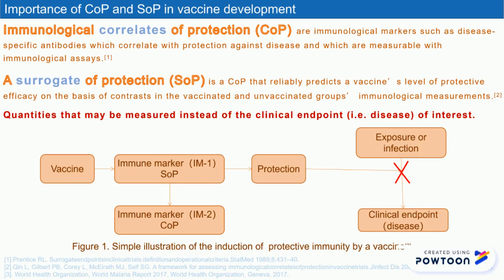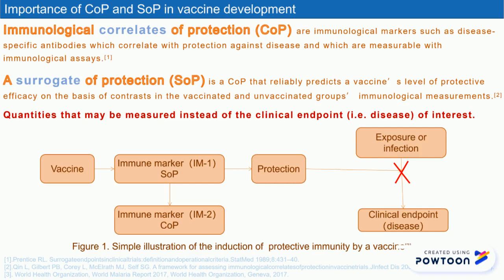In Figure 1, protection is illustrated as the process which interrupts the pathway between exposure or infection and the clinical endpoint. This is meant to cover both the prevention of infection among exposed individuals and the prevention of disease among infected individuals.